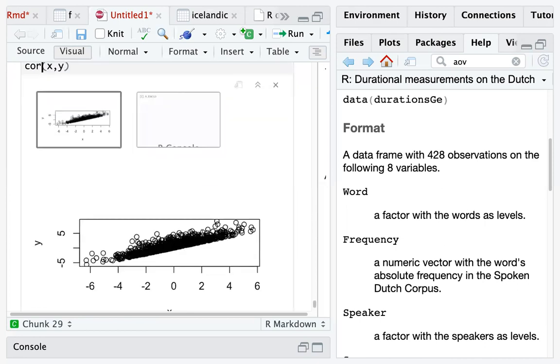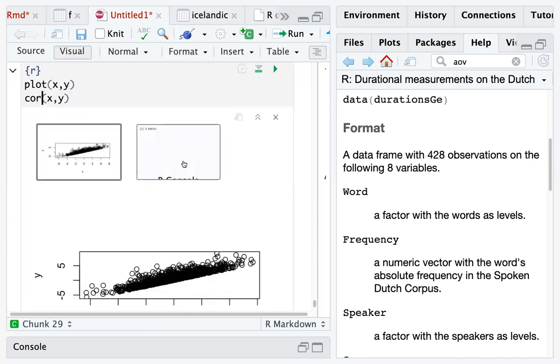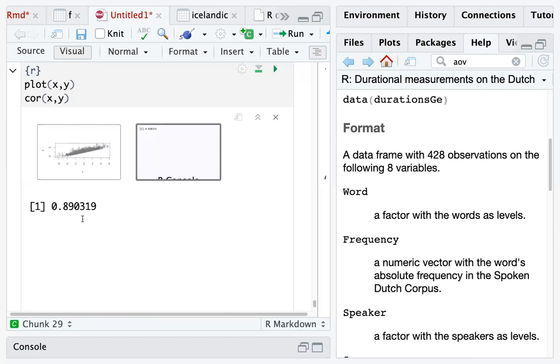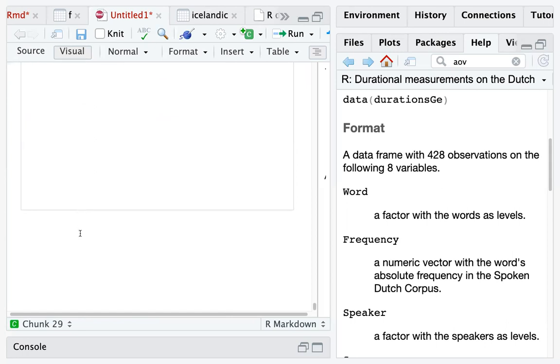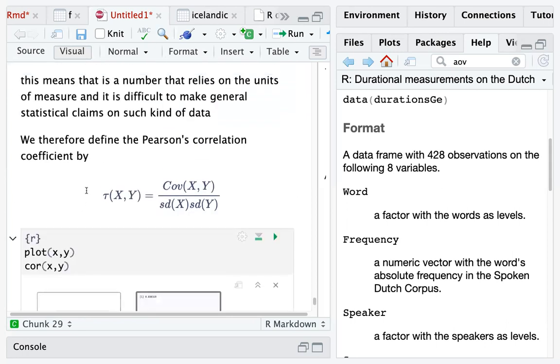So this data is very dependent. We go and look at the correlation coefficient, which is 0.89. So this computes the Pearson's correlation coefficient, which is this quantity here.